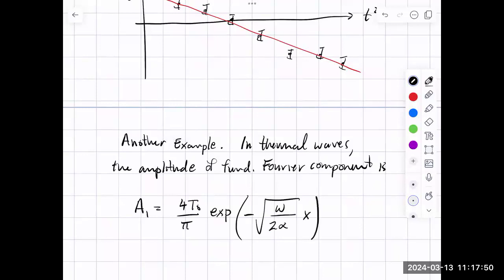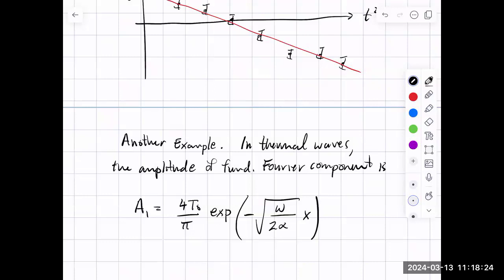Let me just remind you, for those of you who have done thermal waves and those who didn't do it, in thermal waves, you have a heater at one end of a long copper bar, and you're turning the power to that heater off and on at some frequency f. So omega is just 2 pi times f, whatever frequency you choose. And so you have a bunch of thermometers at different positions along this copper bar, and the thermometer positions are a distance x away from the heater.